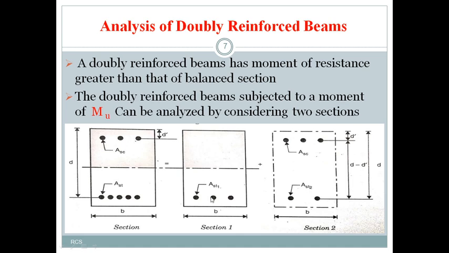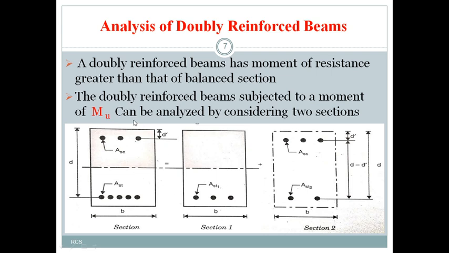Here we have AST1 also with respect to the balanced section, that is the area of steel in tension. Here d dash is the effective depth of the beam in the compression zone, and small d is the overall depth. The depth between the centroid of the tension reinforcement and the bottom of the beam is called the effective depth in tension zone.